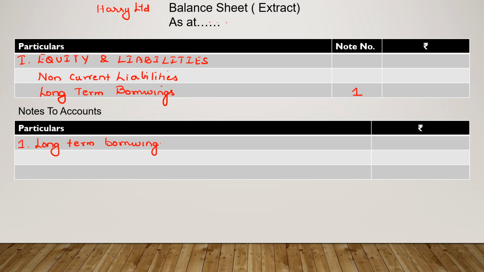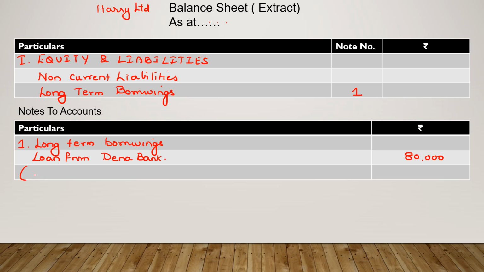Here in the long-term borrowings, we would give the detail. This was a loan taken from Dena Bank, so we write loan from Dena Bank. The amount comes to 80,000.